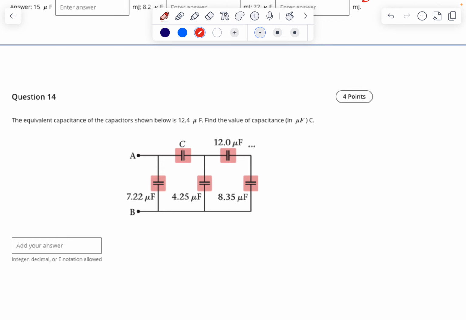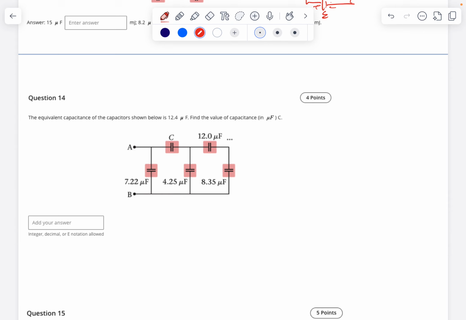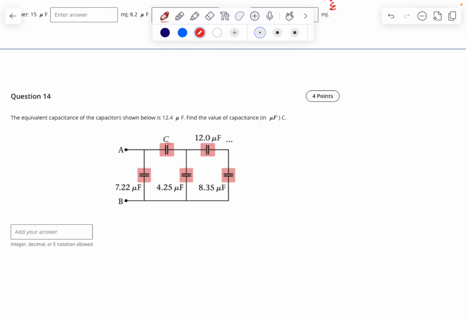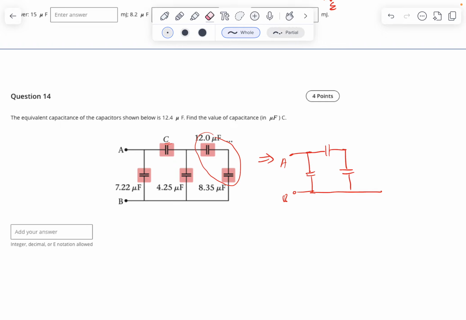Find the value of the capacitance C. So how do they connect together? Just step by step. A, B, A. First, you combine these together. They connect in series, so this one equals 1 over 12.0 plus 8.35. And then this connects in parallel.